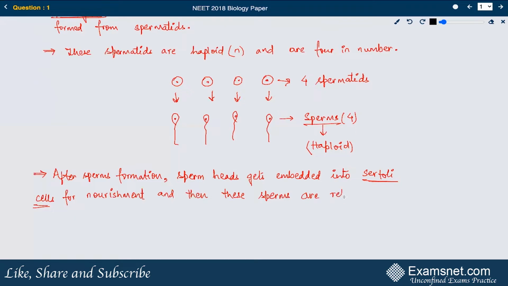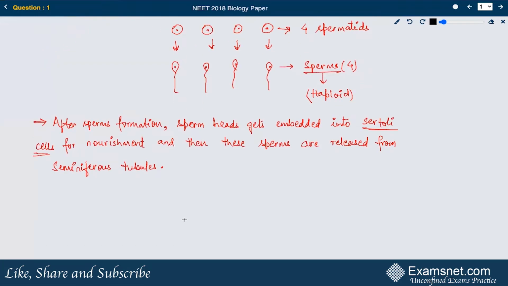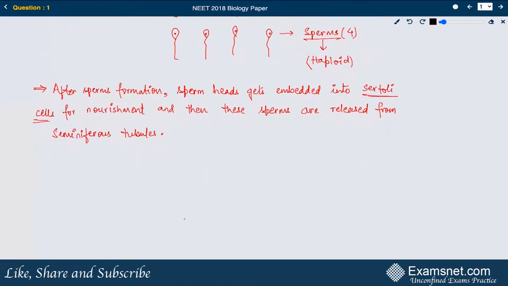So this process of release of sperms is considered to be the process of spermiation.